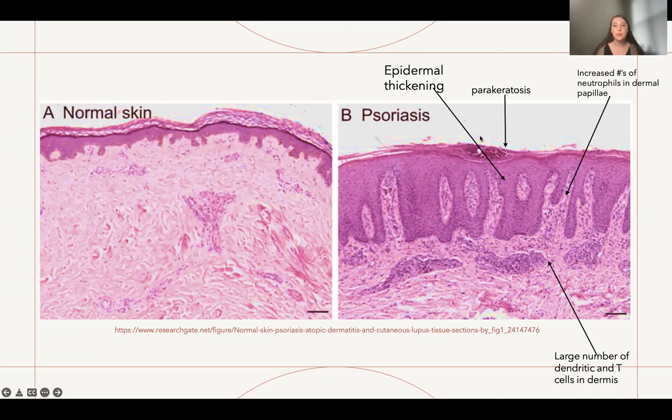Also, if you look closely, there is the presence of parakeratosis, which is the phenomenon where the upper cell layers of the skin do in fact contain nuclei, which is not normal, and nuclei are not found in the upper layers of normal skin. Here too, we can see in the dermis there are a large number of dendritic and T cells compared to the normal skin, and the presence of neutrophils in the dermal papillae regions.